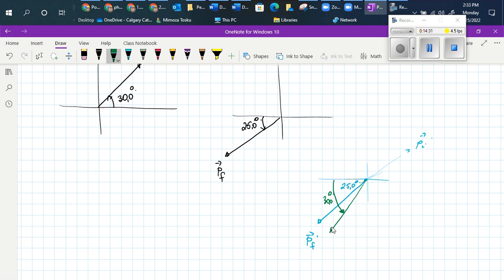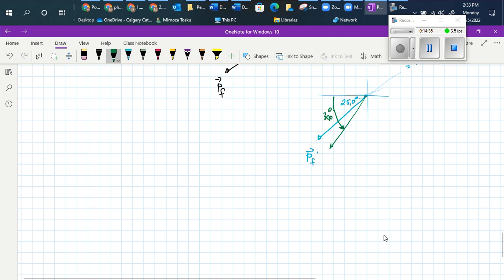And then we create the parallelogram, 25 here, 30 here, and the diagonal that goes from the same starting point to the same ending point will be the change of momentum.